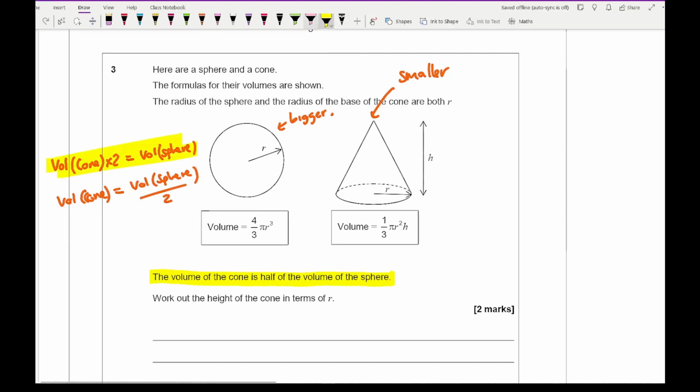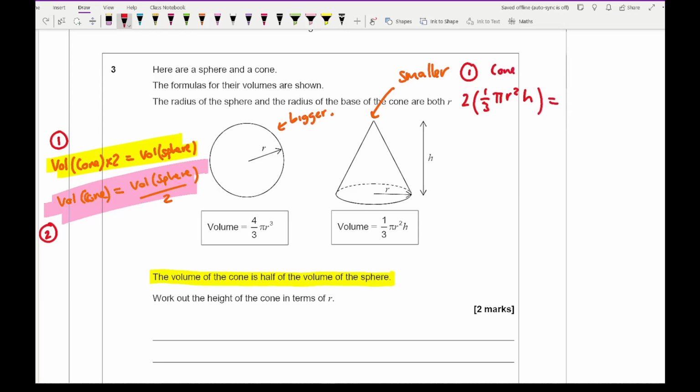There are two ways in which you can write the initial statement. You can either write this or you can write this, and it really does depend on how you see it. Let's call this one number 1 and this one number 2, and I'll show you how both would still give you the same answer. Using number 1, 2 lots of the cone, so 2 times 1/3 pi r squared h, equals the sphere, 4/3 pi r cubed.